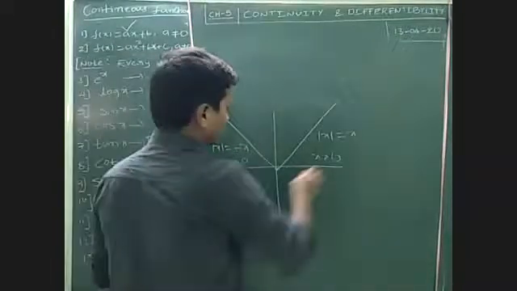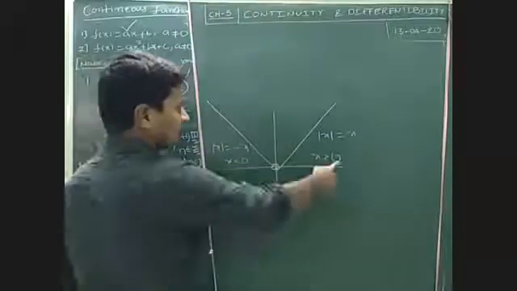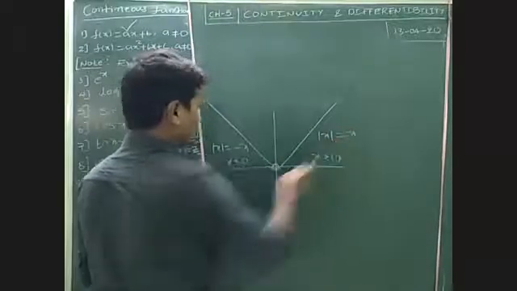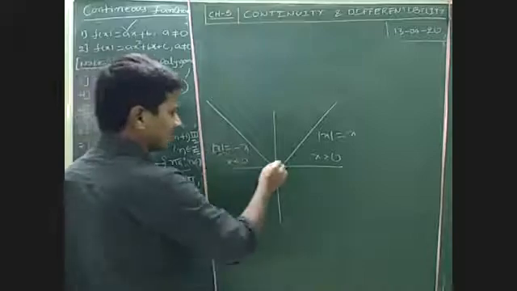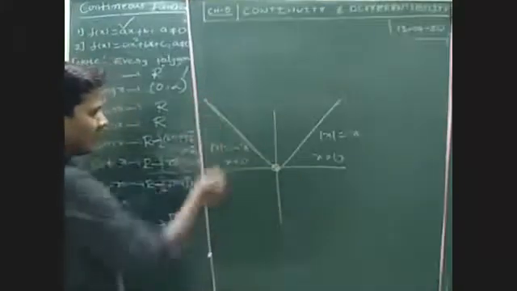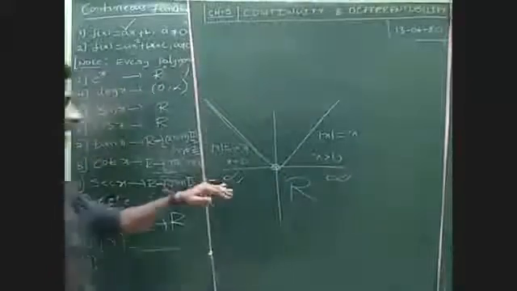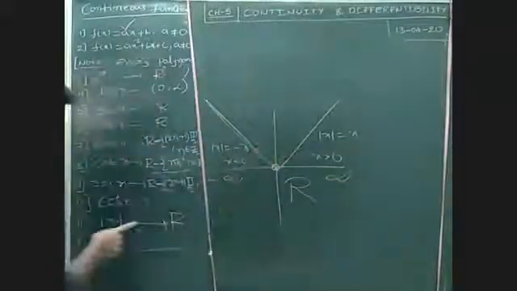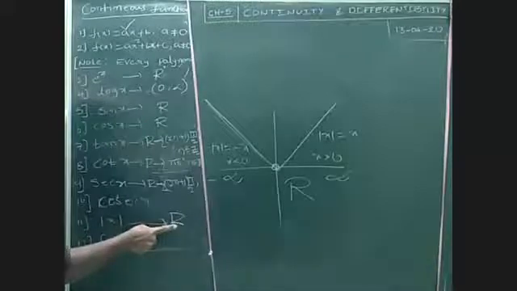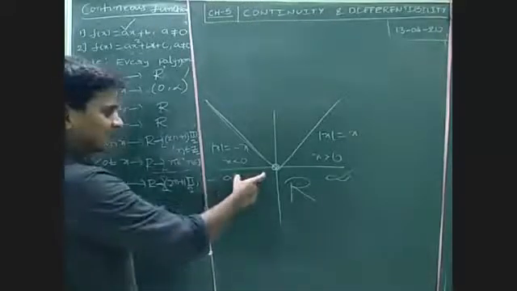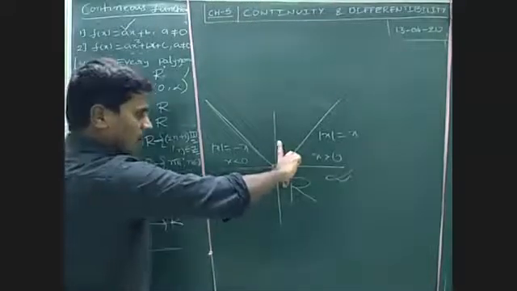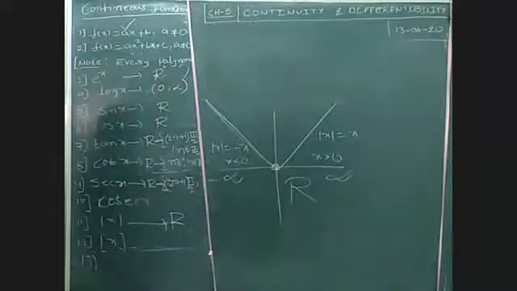So the graph exists from minus infinity to plus infinity, that is the x-axis values, so the domain is R. I said that the domain is always the x-axis, and the codomain is the y-axis. Remember, this is an important point.